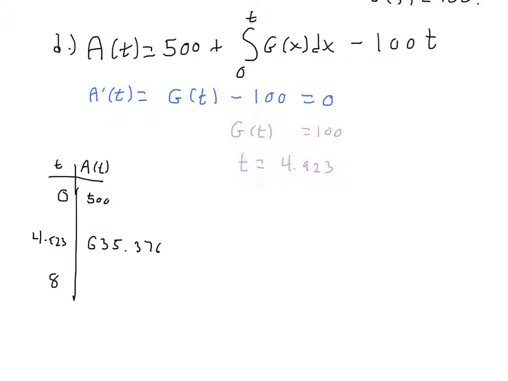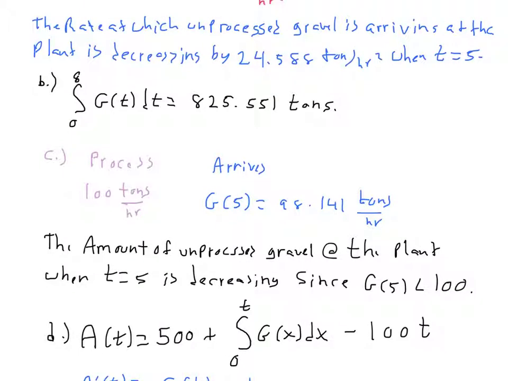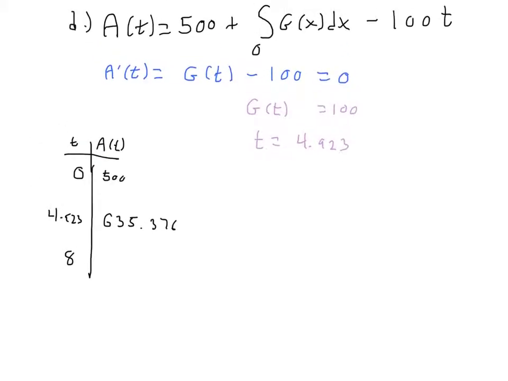Now, we already know 0 to 8 from part B, so I can just take this number minus 800, because I'm plugging in 8 for t, and then add that 500.